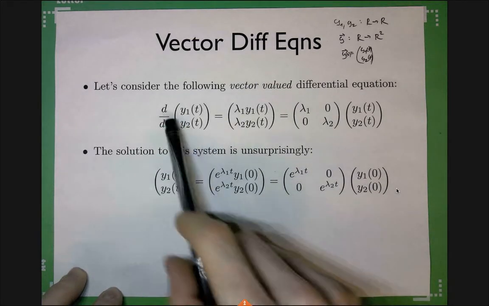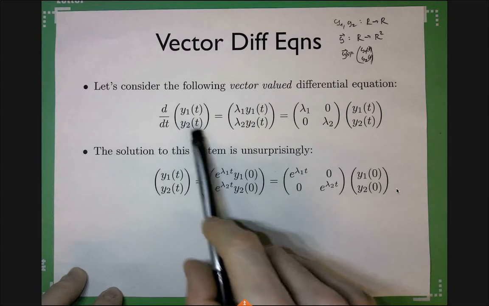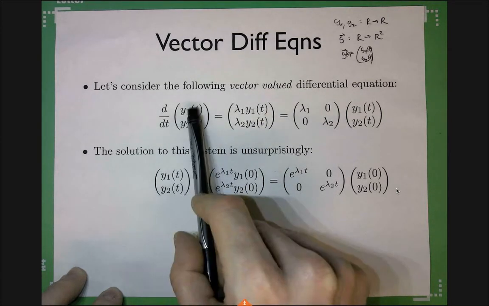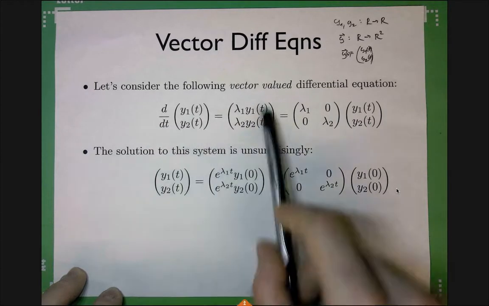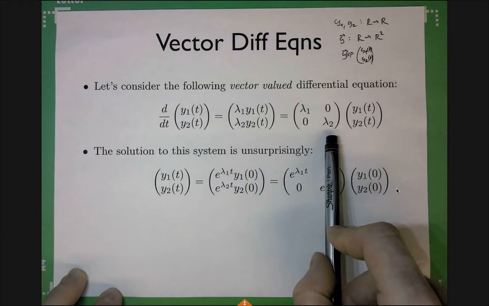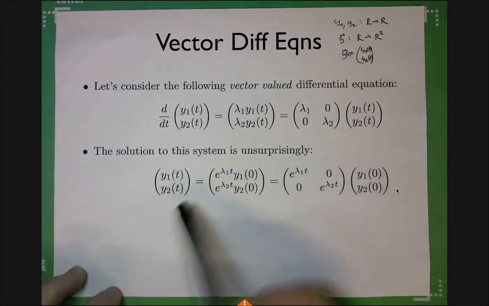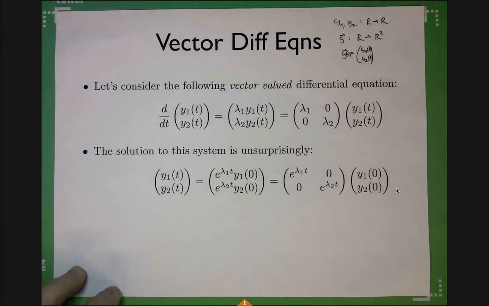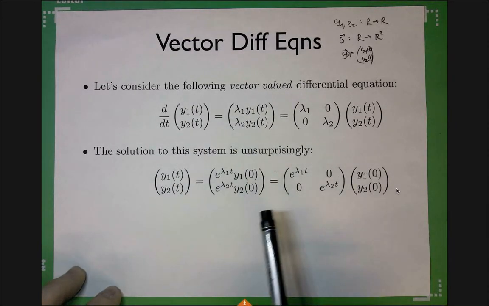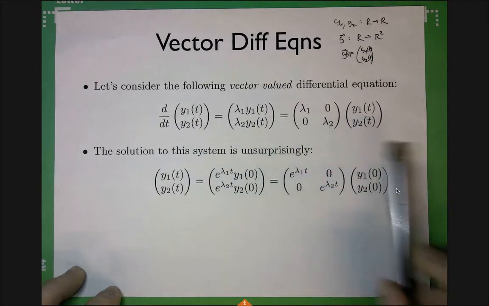So if I have a vector valued differential equation like this, I'm looking for two functions y1 and y2 that satisfy this equality, which can also be written in matrix form using a diagonal matrix like this. And the solution, of course, is the same as the solution for the individual equations, right? Because they are not related in any way.